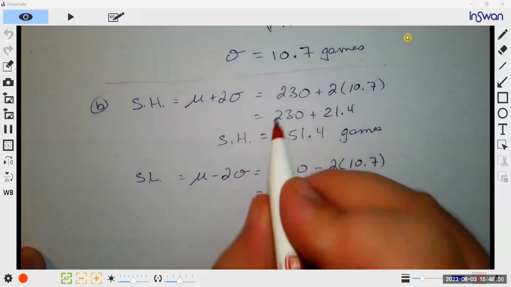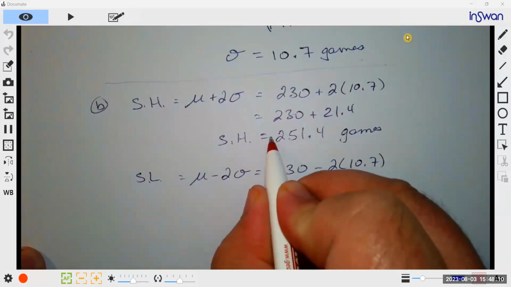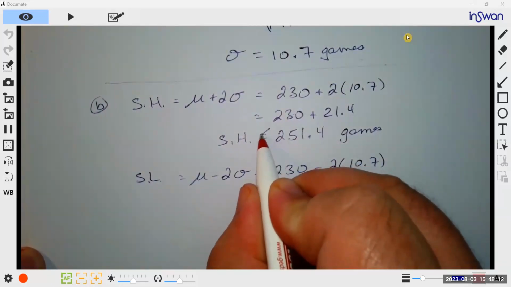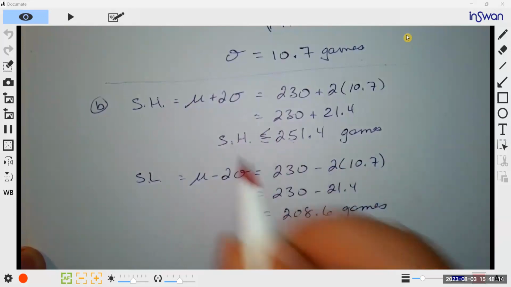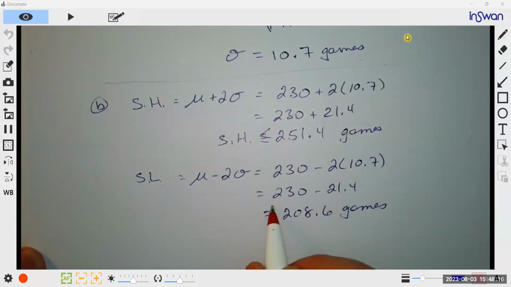So anything greater than or equal to 251.4 is significantly high. Anything less than or equal to 208.6 is significantly low.